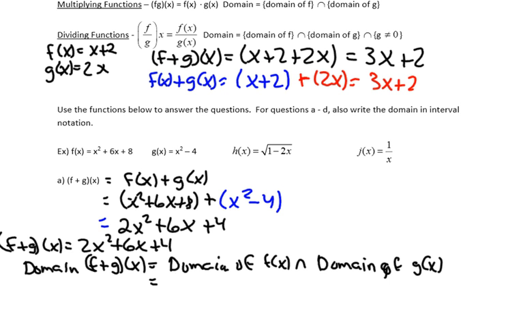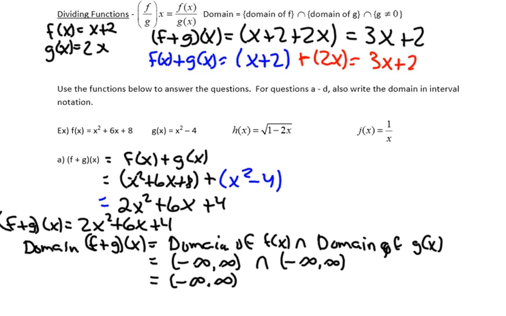We already know its domain is negative infinity to positive infinity. Intersecting g of x, another quadratic function. Well, when we intersect two all real numbers, we're going to get all real numbers. So the domain of f plus g of x is all real numbers, meaning I can plug in any number I would like, and I will get a real number coming out.